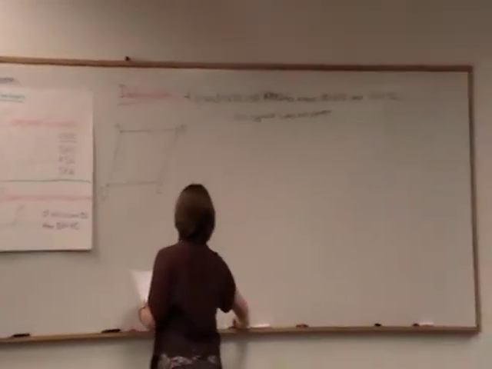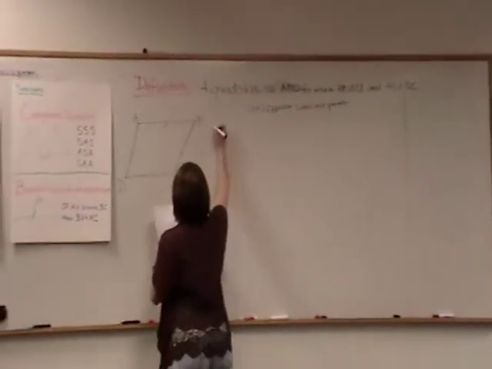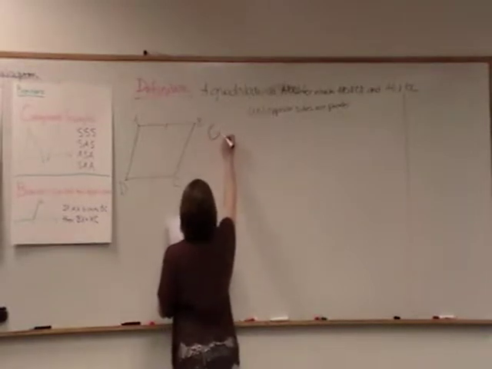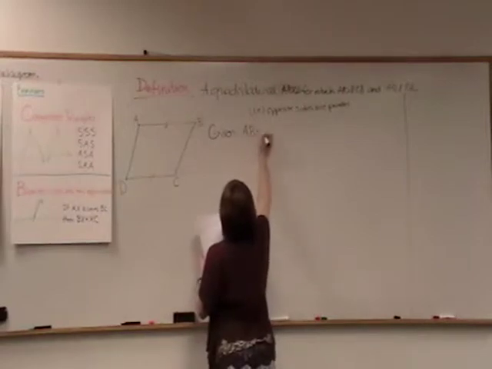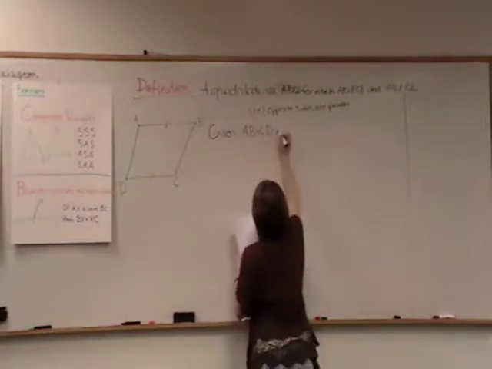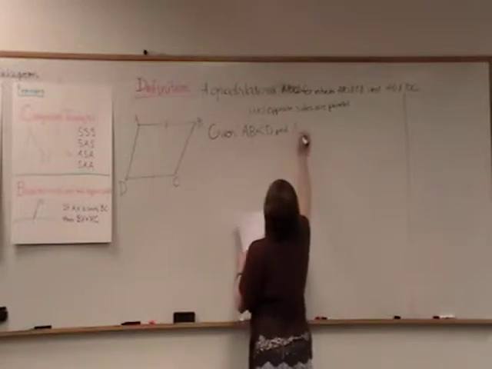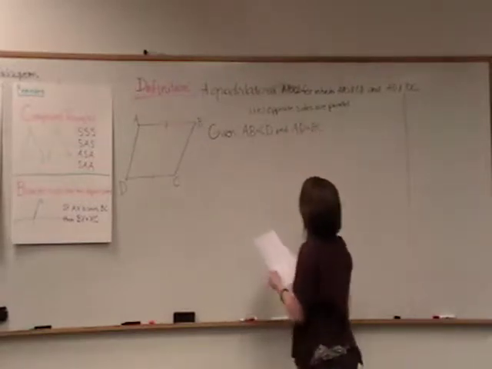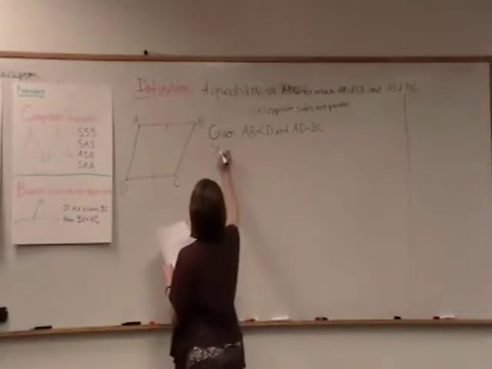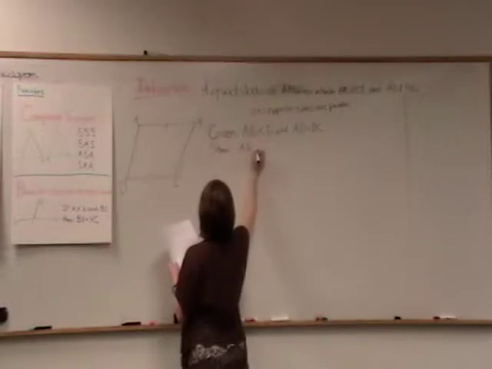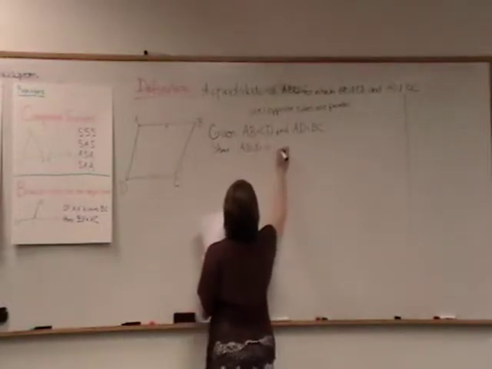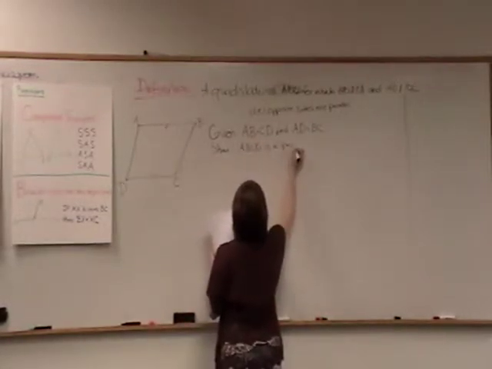So for this problem, we are given just that AB equals CD and AD equals BC. And we want to show that ABCD is a parallelogram.